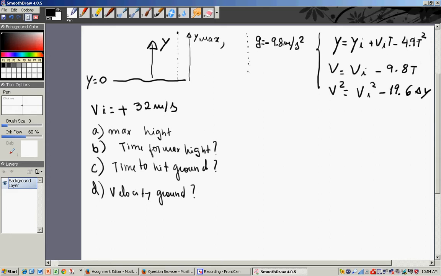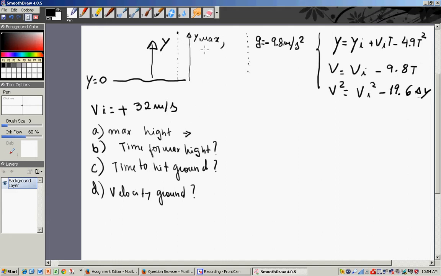So half the acceleration is 4.9. Here's the second equation, v initial minus 9.8t, and here is the third equation, v squared equals v initial squared, negative 2 times 9.8 times the change in position. Okay, so let's see how we solve for that.